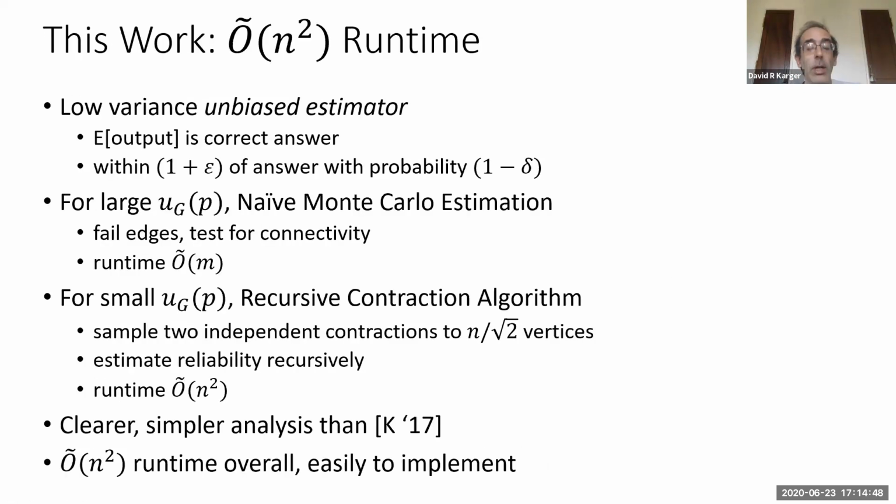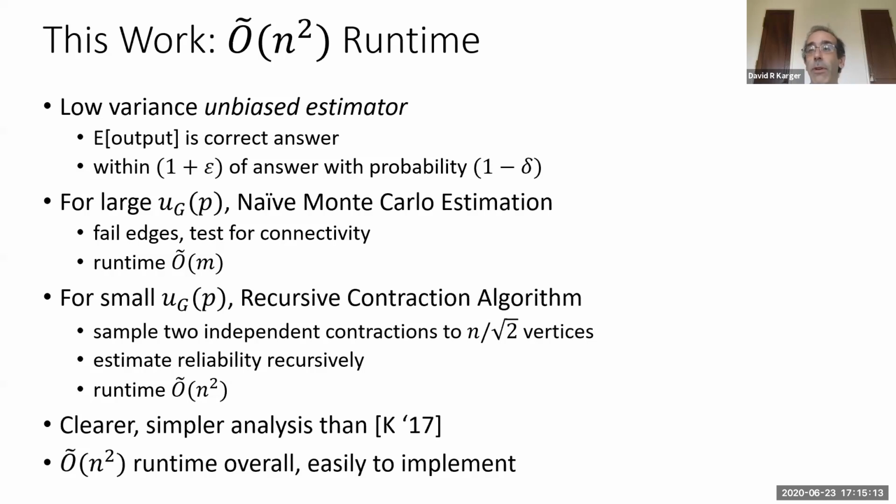So in this work, I'm going to be talking briefly about an order n squared runtime algorithm. It's based on giving an unbiased estimator for network reliability, which has a low relative variance. And the algorithm is really very simple. If the failure probability is large, then you use naive Monte Carlo estimation, where you just fail edges and test how often the graph gets disconnected.